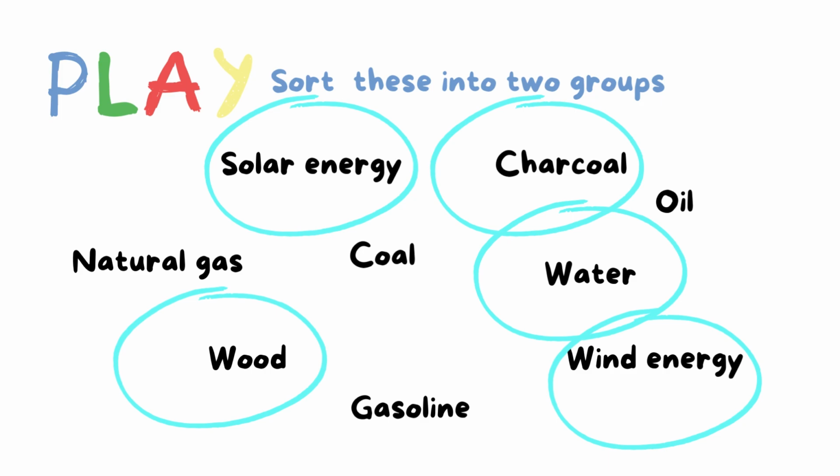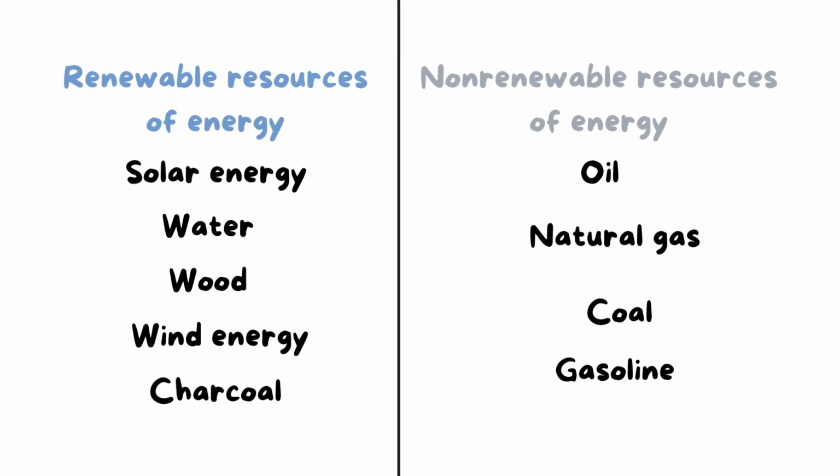And the others, which are oil, coal, natural gas, and gasoline, are non-renewable resources of energy. Well done, Junior 4 students. We have here renewable resources of energy: solar energy, water, wood, wind energy, and charcoal. And non-renewable resources of energy: oil, natural gas, coal, gasoline.